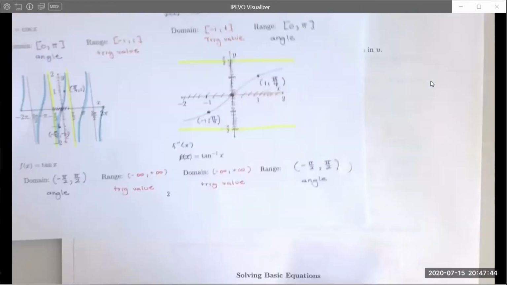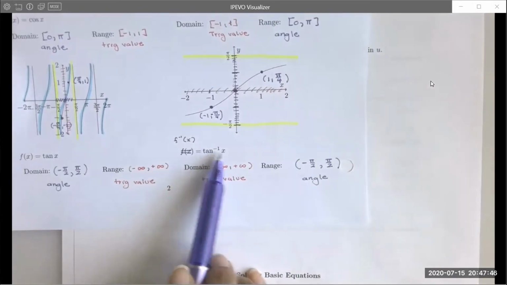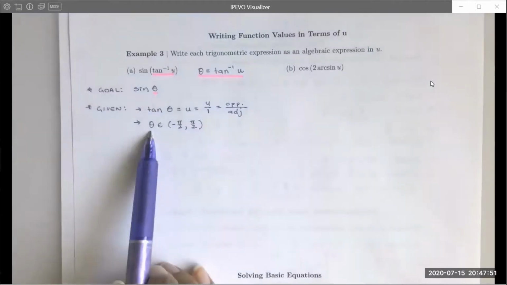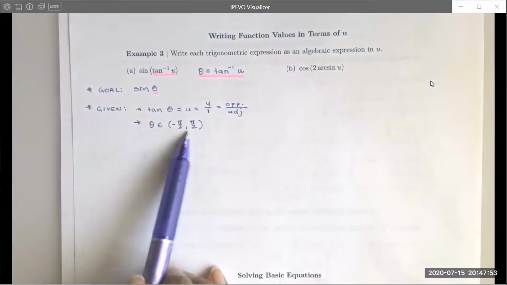So here is our tan inverse, and tan inverse returns an angle that is between -pi/2 and pi/2. So hence the reason why we're writing that theta has to be in that range.